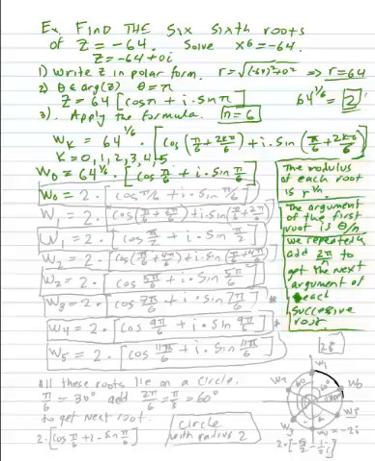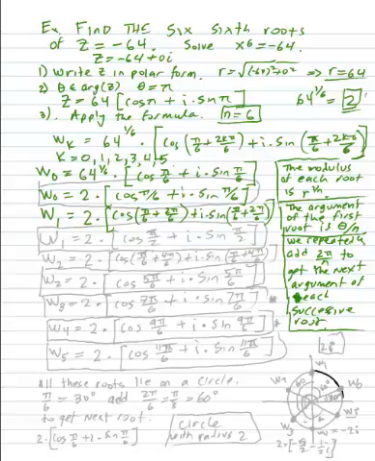The first one is 2 times the cosine of pi over 6 plus i times the sine of pi over 6. Second root, w sub 1, is equal to 2 times the cosine of pi over 6 plus 2 pi over 6 plus i times the sine of pi over 6 plus 2 pi over 6.